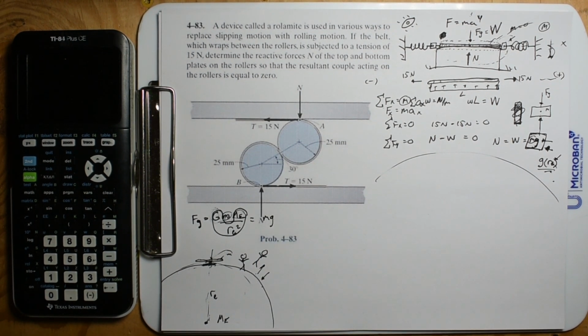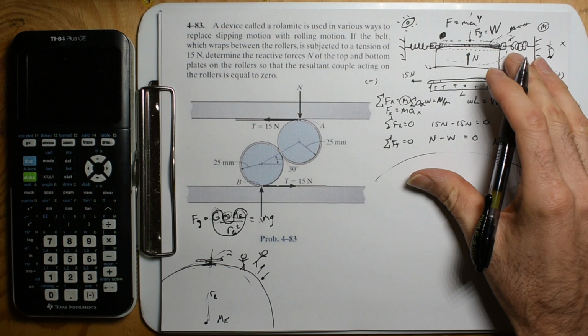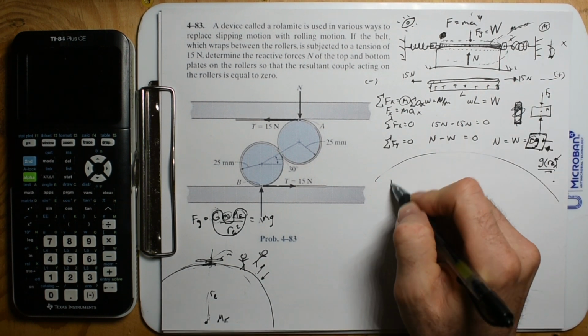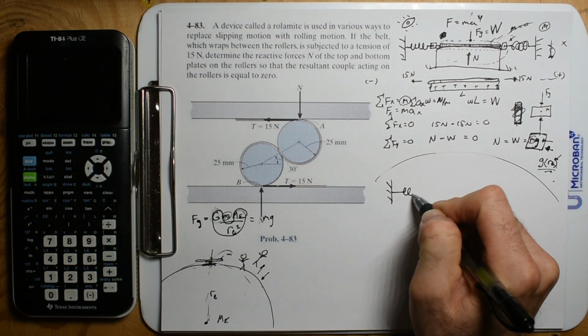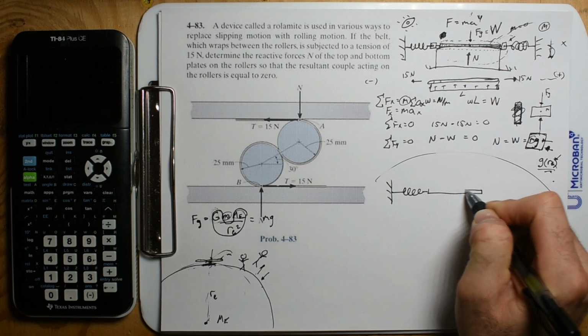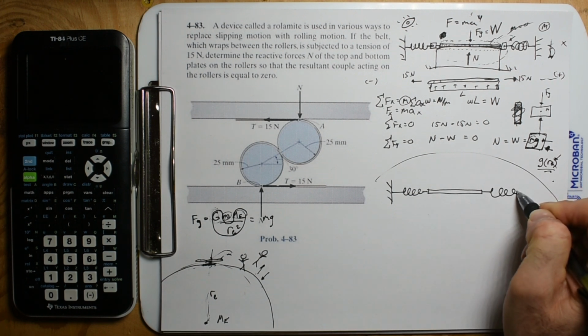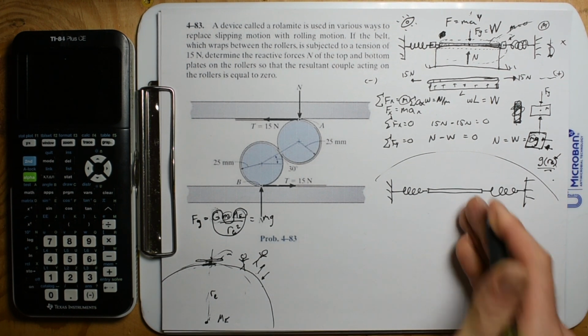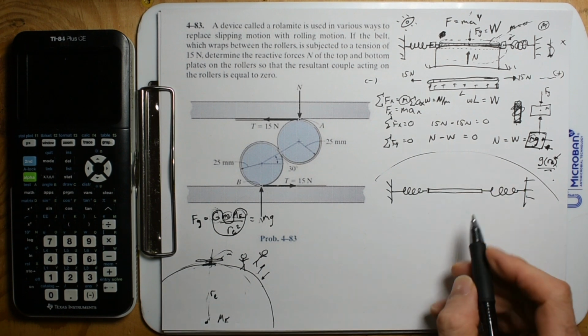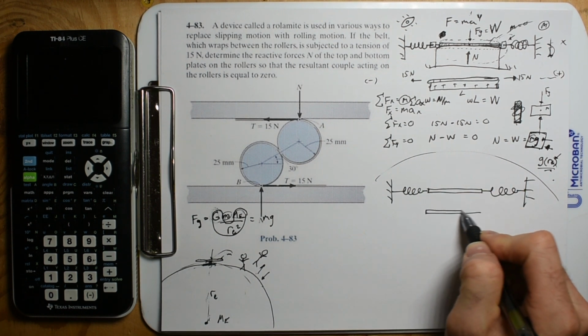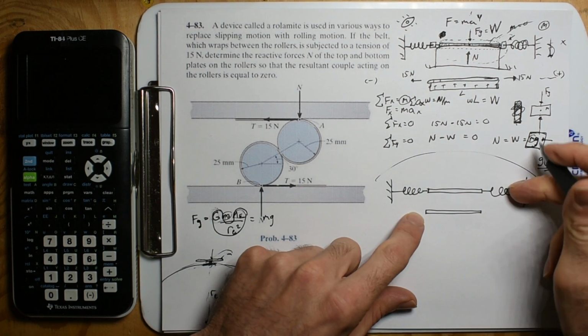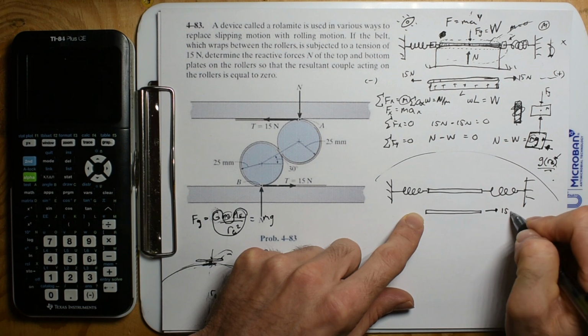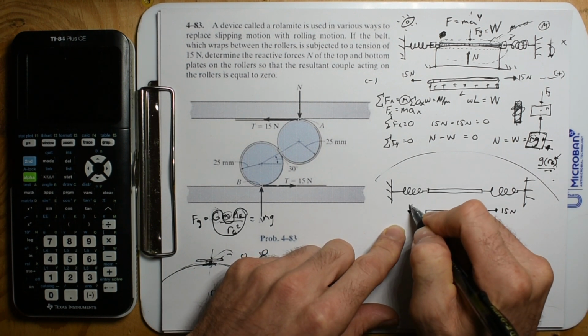Alright, now finally, I kind of made a mess of this, so let's draw it one more time. So we have the rope, and sure, we have a tension in this rope. We did our free body diagram. We chopped it out of outer space, went back to Earth, and saw that we had 15 newtons there and 15 newtons here.